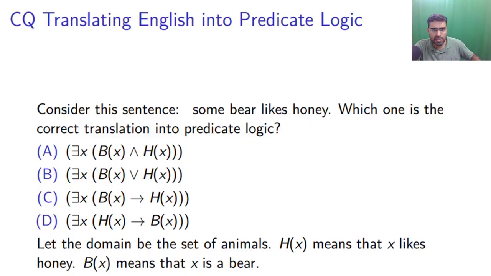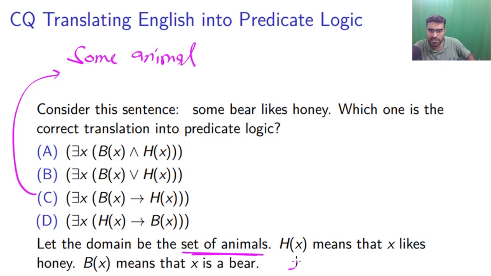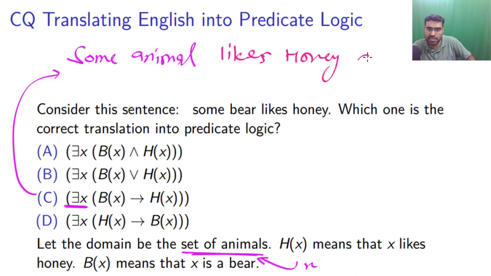Now let's see, what is option C now? You can simply say that option C is some animal, because the domain is the set of all animals. So I can say this X is an animal. So there is some animal that is not a bear or likes honey. So some animal likes honey, or is not a bear.